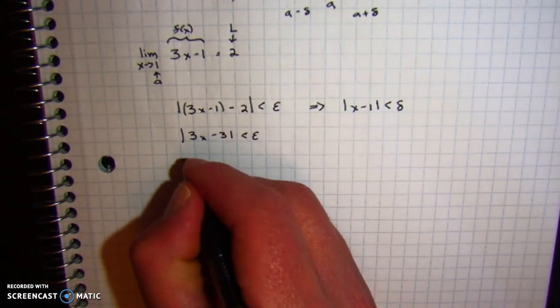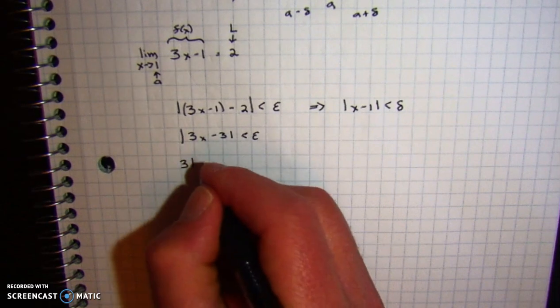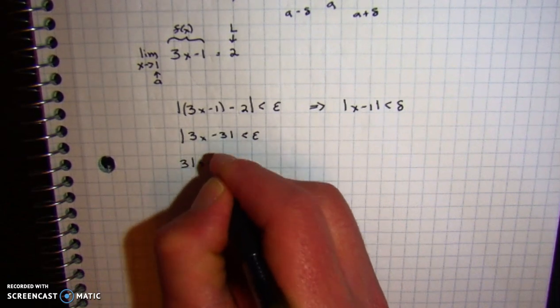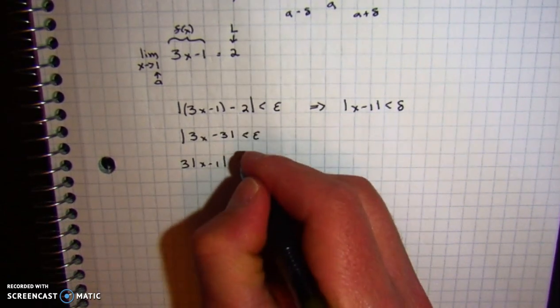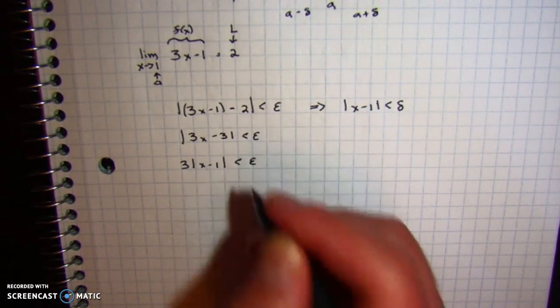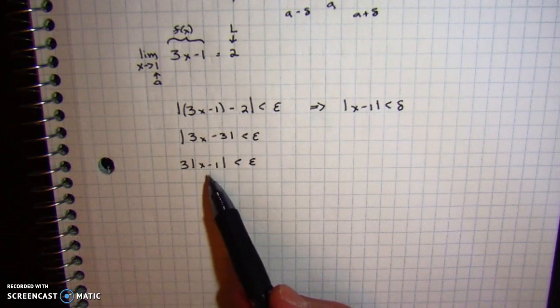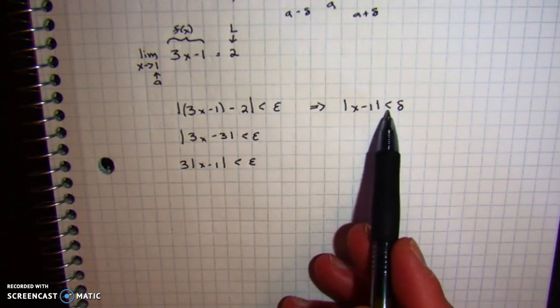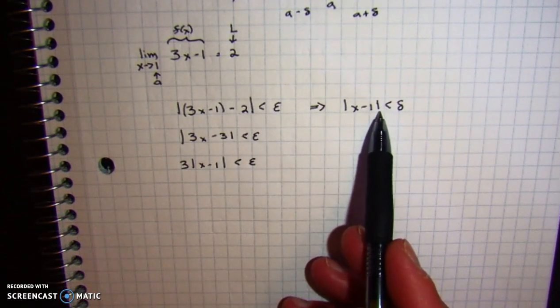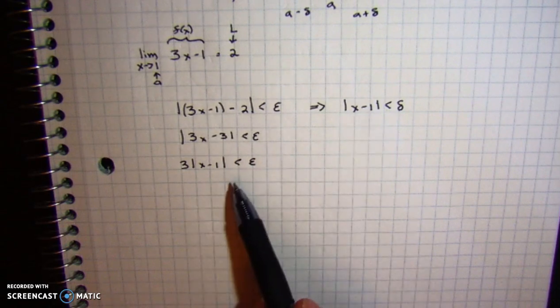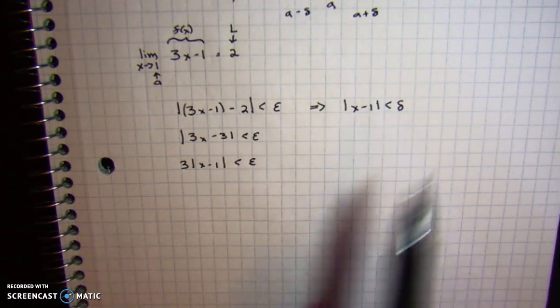So I'm going to say 3 times |x - 1| is less than epsilon. Now, we're kind of in business. See, I'm looking at it to be like this. One more step, and then I can be there.